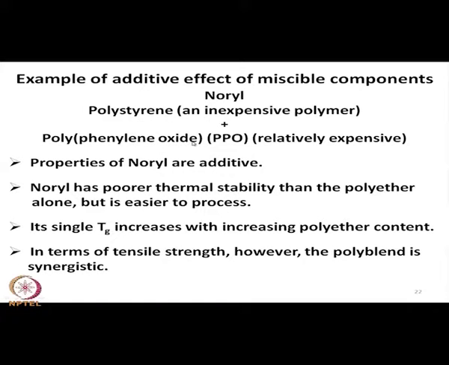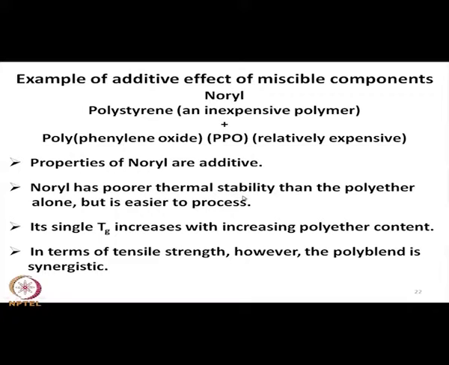In order to increase the processability, polyphenylene oxide has been blended with polystyrene with a compromise of thermal stability, but processability was improved. So, not only the final performance property, but the processing property is also important.